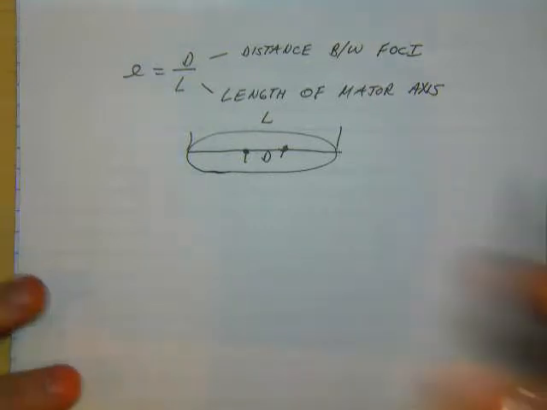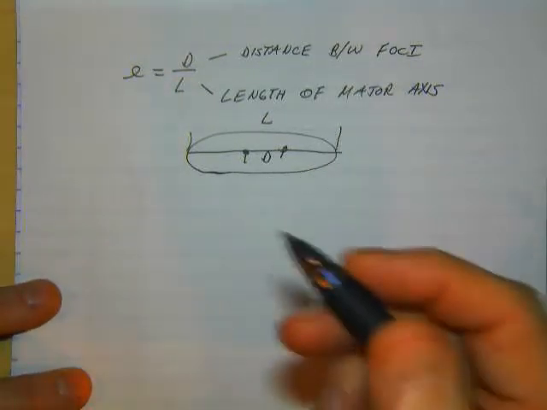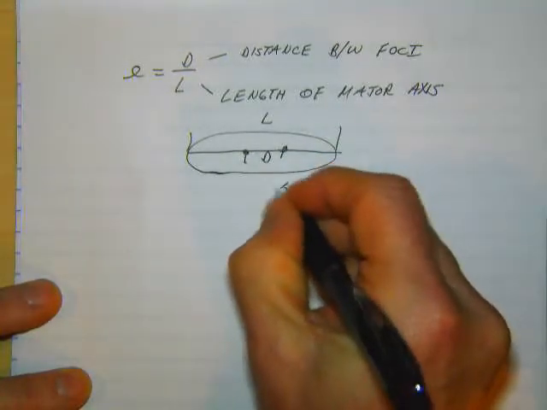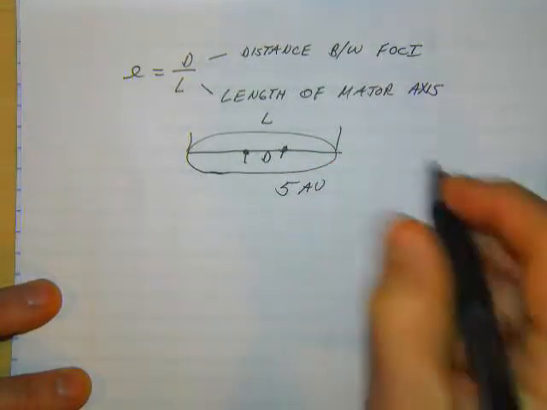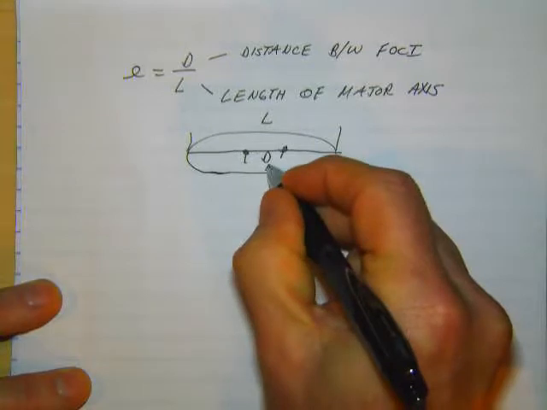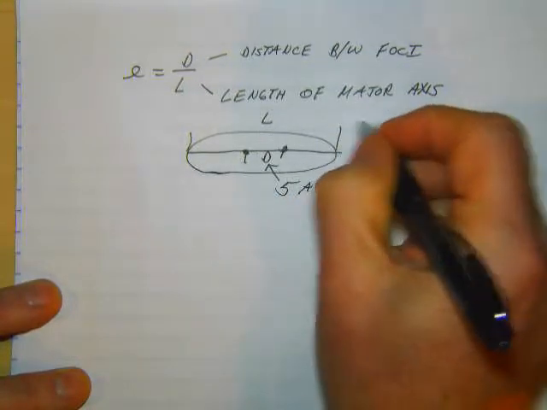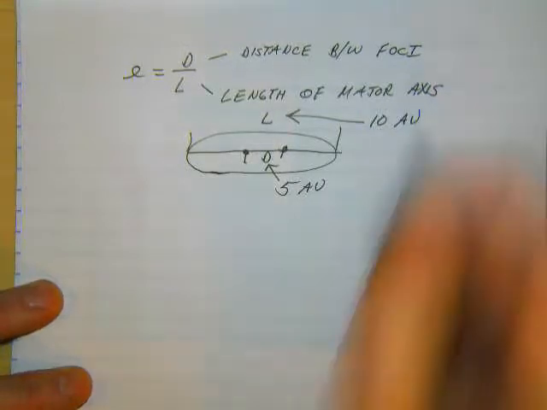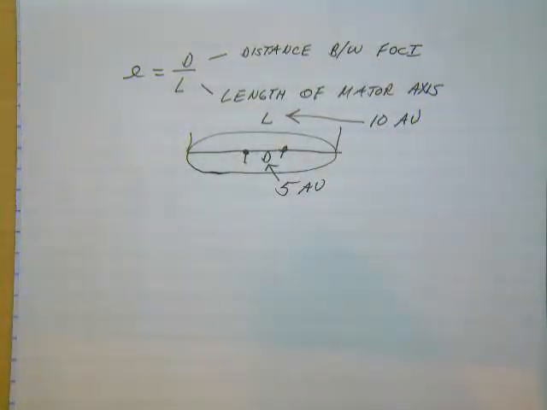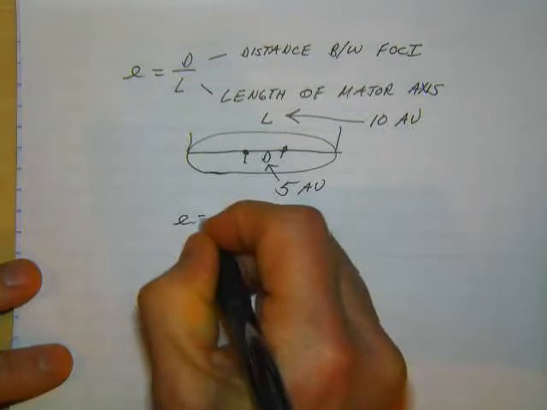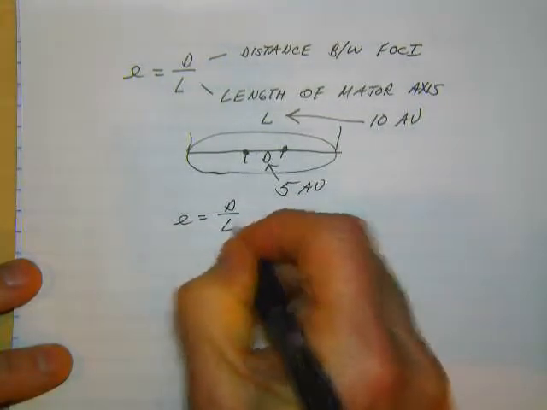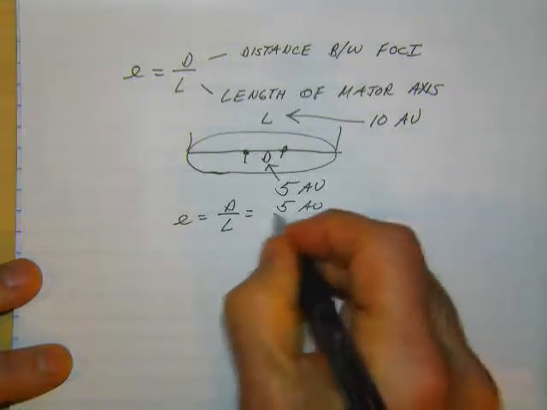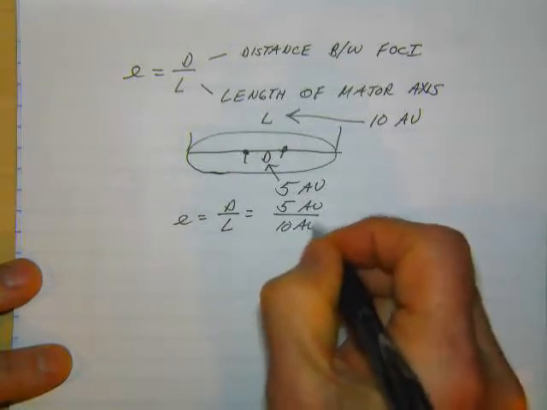So let's just say, for instance, the distance between the foci is 5 AUs, and our major axis is 10 AUs. Again, we're in the solar system, so we're using astronomical units. So e is D divided by L, or 5 AUs divided by 10 AUs.